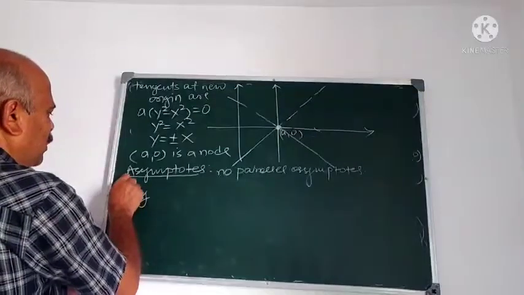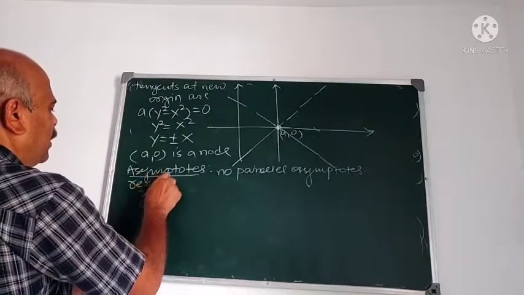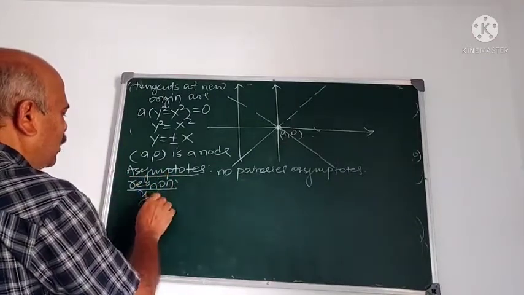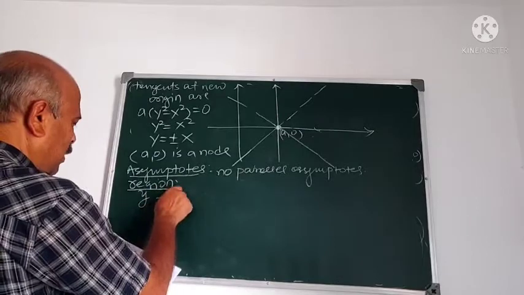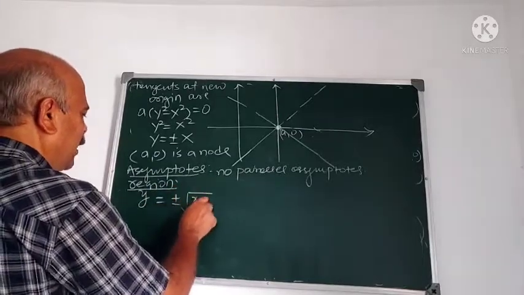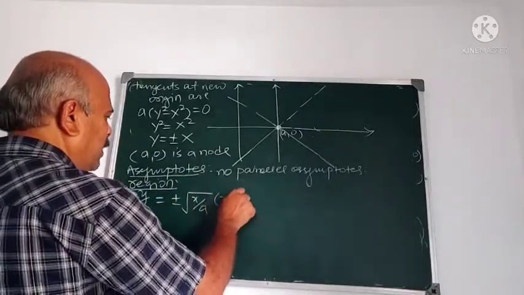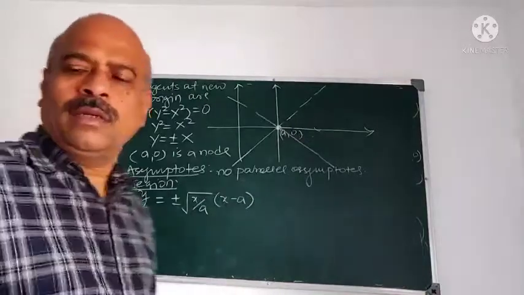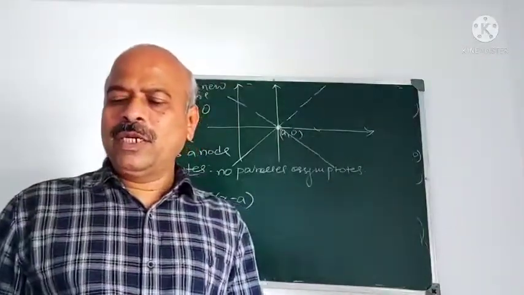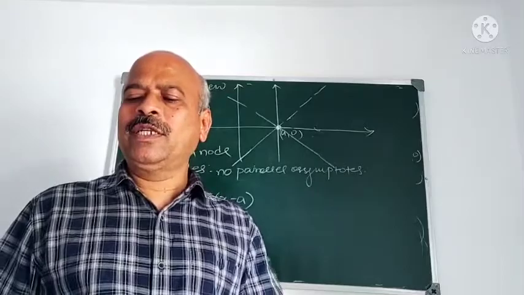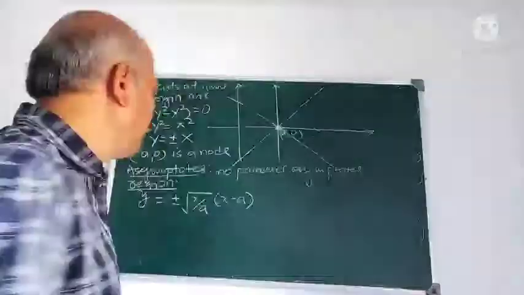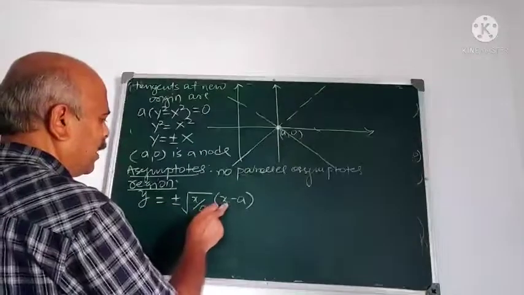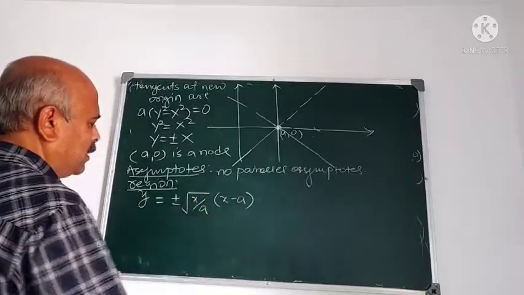Now solving the equation, we find the region finally. We solve for y: a y square is equal to x into (x minus a) whole square, so y is equal to plus or minus x by root a into (x minus a).